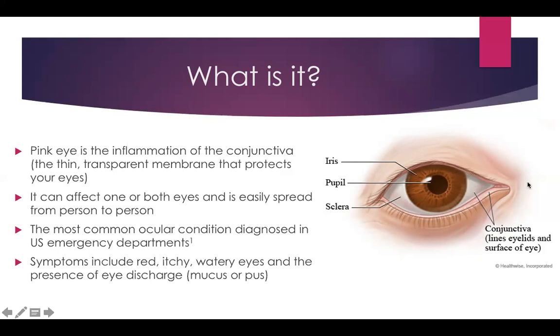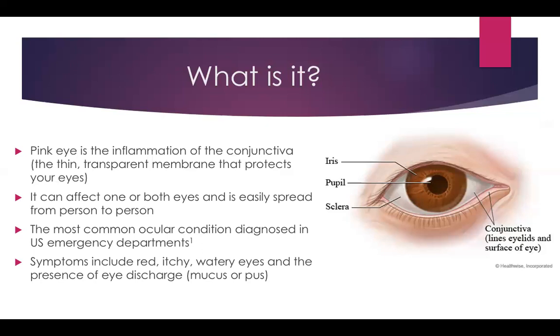When this becomes inflamed, the blood vessels dilate in the eye, and this causes redness, itchiness, and swelling. Depending on the cause, there can also be a yellow-white discharge, a sticky kind of residue coming from the eye, and I would say that's probably the most common visual that I think of when I think of pink eye.